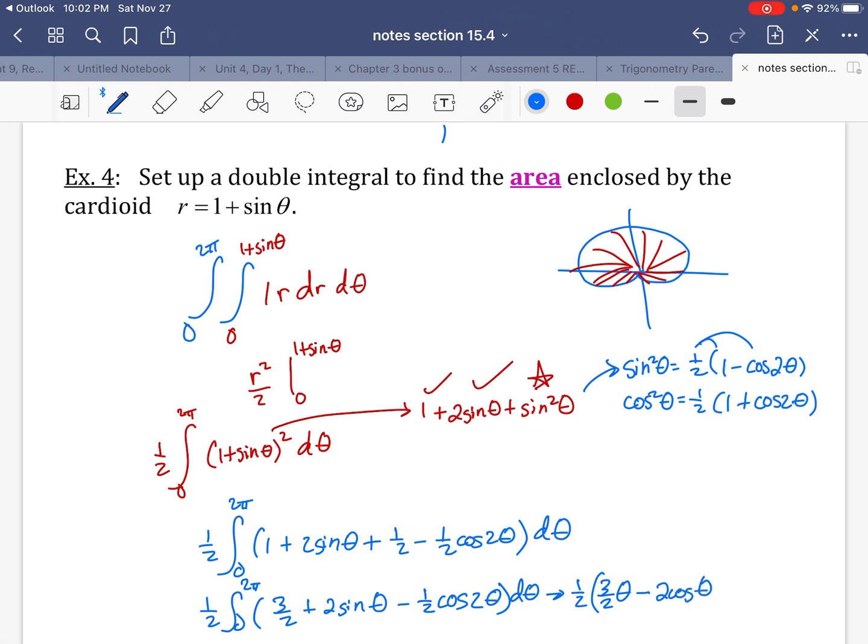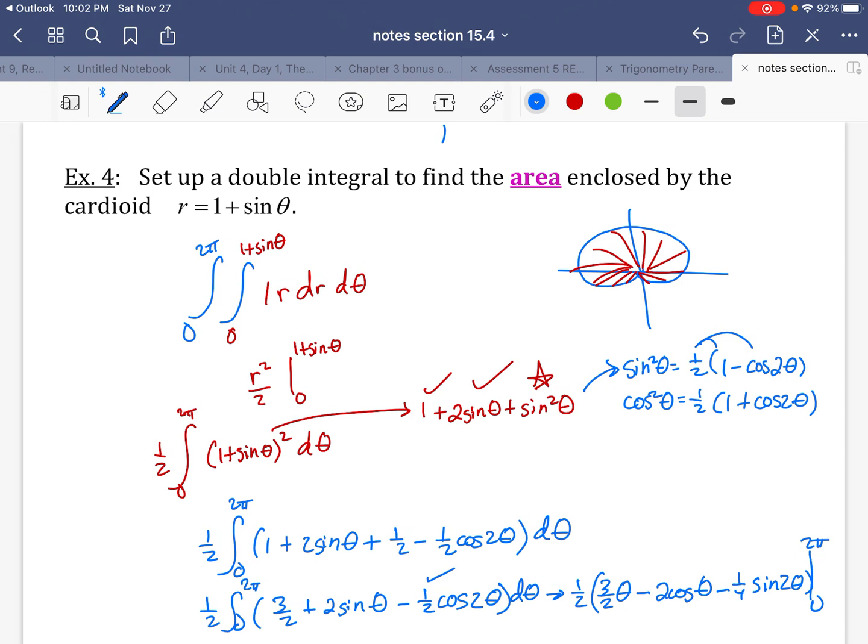And then, integral of cosine will be sine, so it'll stay negative. Integral of cosine 2 theta will be sine 2 theta times 1/2 to counteract the 2. So the 1/2 and the 1/2 will be a 1/4 right here, sine 2 theta. Evaluate all this from 0 to 2 pi.